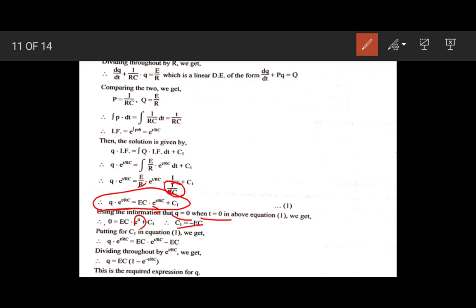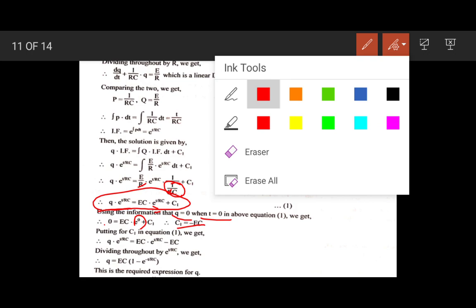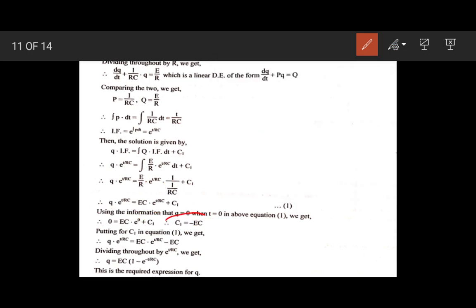So that means C1 is equal to minus EC, and now I am going to put this C1 in equation 1. So equation 1 will be Q into e raised to T upon RC equal to EC into e raised to T upon RC minus EC.